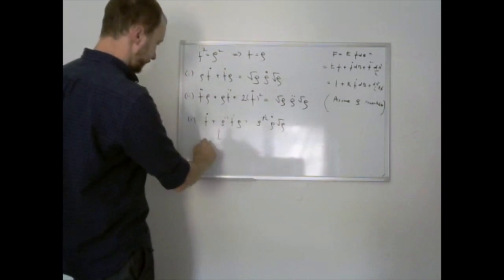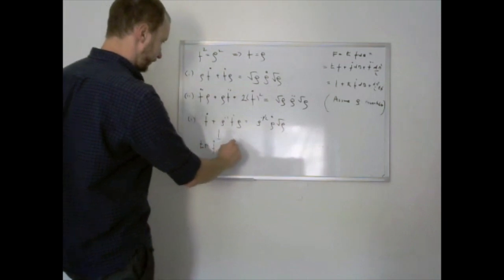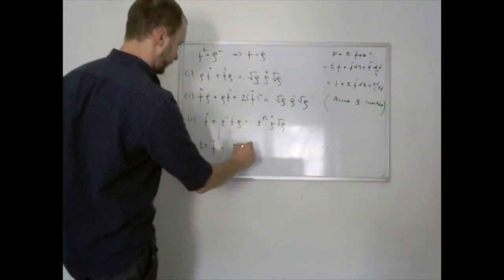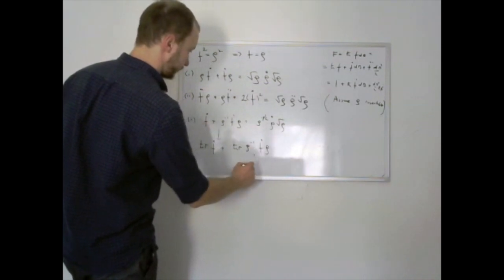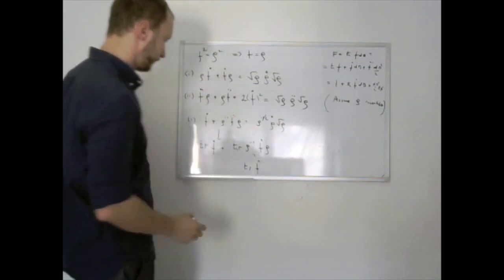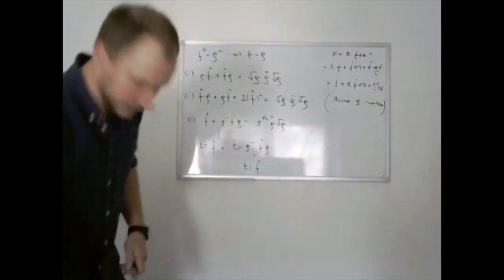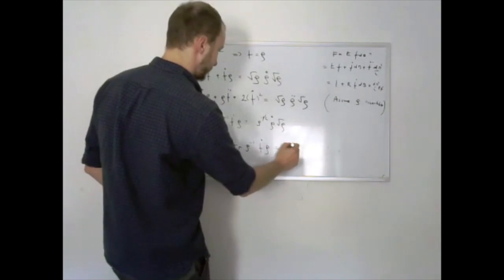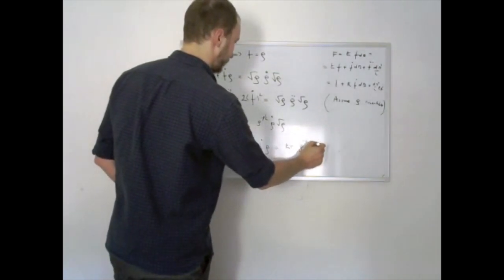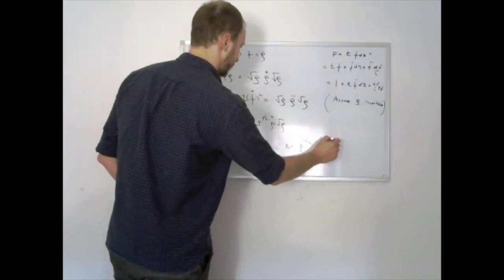Here we get the trace of f dot plus the trace of rho minus 1 f dot rho, which is equal actually to the trace of f dot, right? By cyclicity of trace. So this is equal to the trace of this expression here, rho minus 1/2 rho dot rho 1/2.